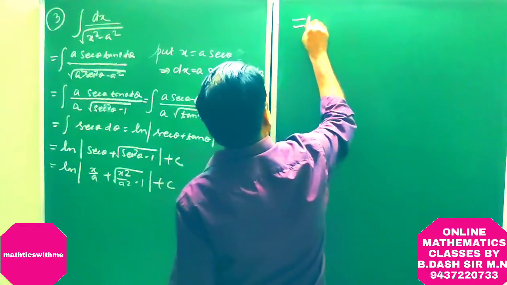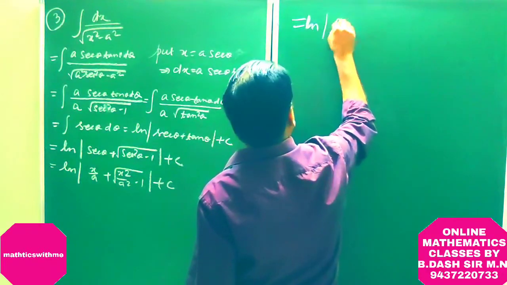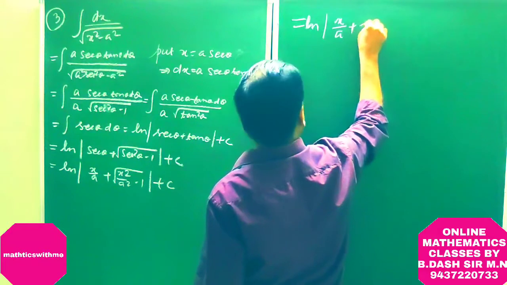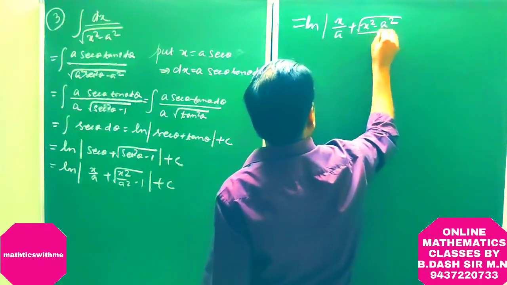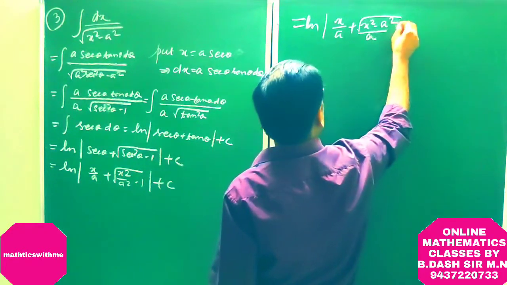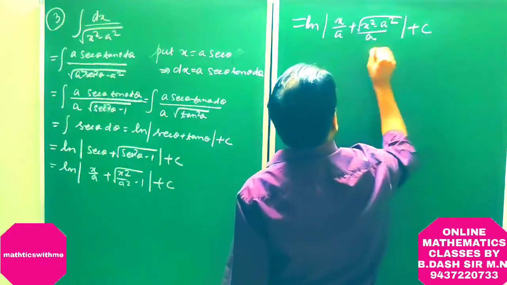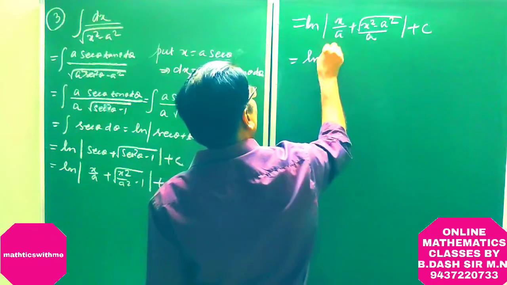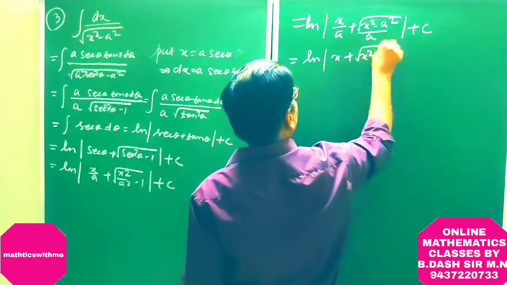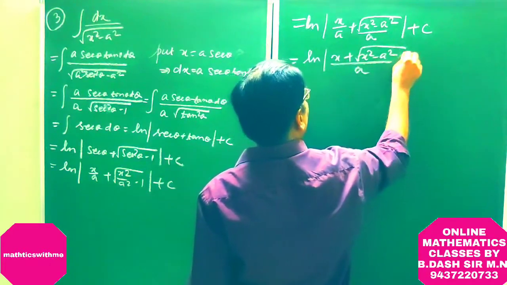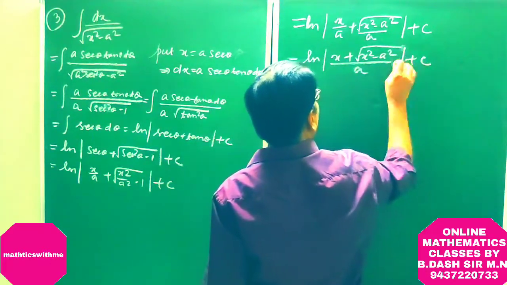which is equal to ln of x by a plus (x square minus a square) root over by a plus c, which is equal to ln of x plus (x square minus a square) root over by a after adding plus c.